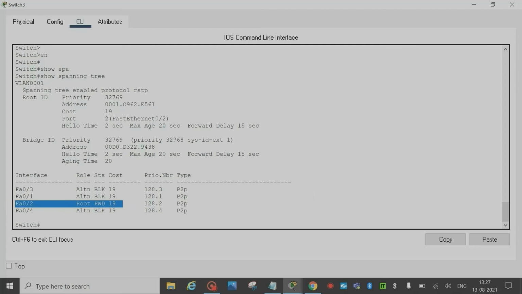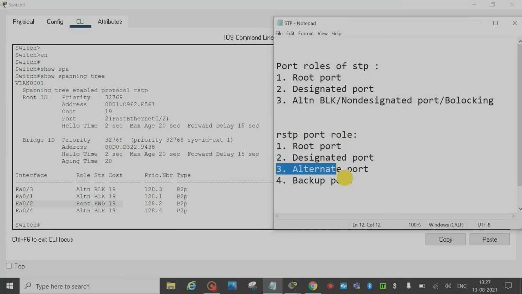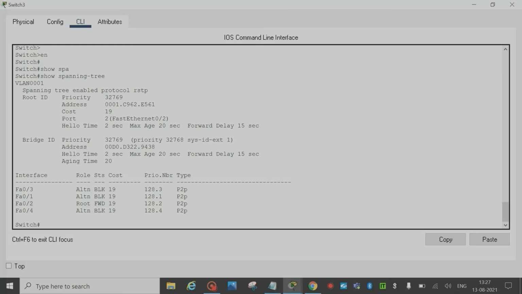But in the case of RSTP, in the CLI, we don't see these two ports, this also we see as a blocking port. So in the case of RSTP, if it is a blocking port, that may be either an alternate port or a backup port.